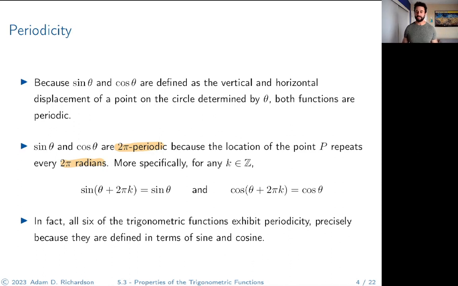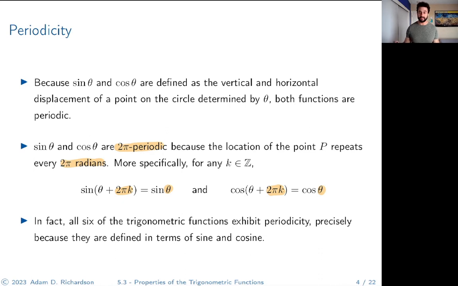So if we want to write that more specifically, we say this: sine of theta plus any integer multiple of 2 pi will be the same as sine of theta. And cosine of theta plus any integer multiple of 2 pi will be the same as cosine of theta, because these functions are 2 pi periodic. That's the idea.